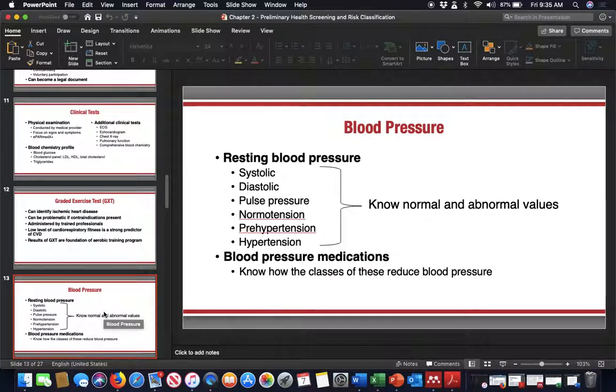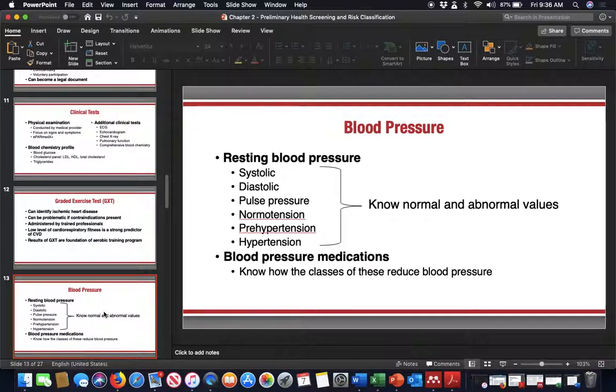As far as blood pressure goes, there's your resting blood pressure. You have systolic and diastolic: your systolic is the contractive pressure, your diastolic meaning your relaxation or refilling pressure. Pulse pressure is the difference between your systolic and diastolic.